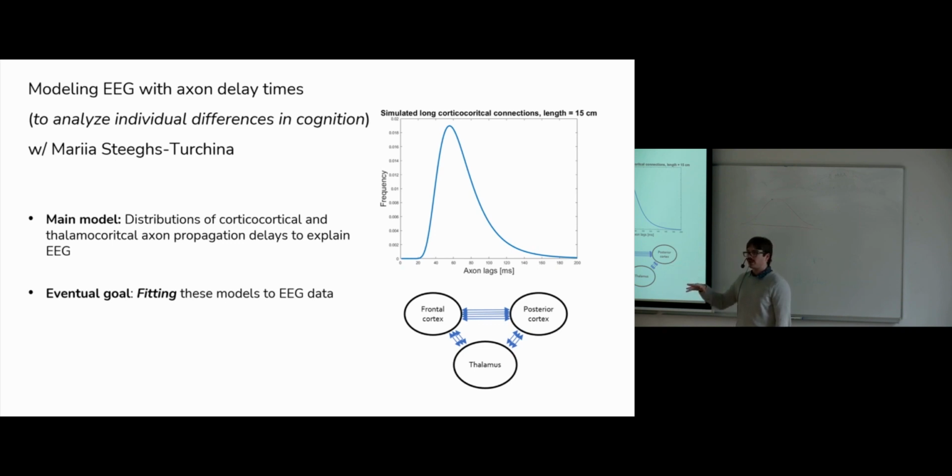Usually a global model is embedded in a local system, so there's both local oscillators and global or long-range connections. But you can actually drive a lot of the dynamics in observed EEG, like the alpha rhythm, just from global dynamics. If we have distributions of delays between brain areas, we can actually create an alpha rhythm.